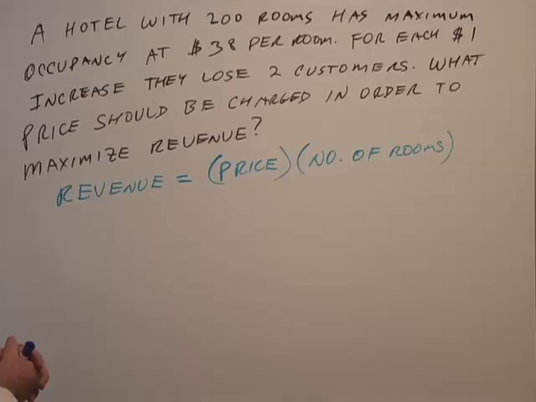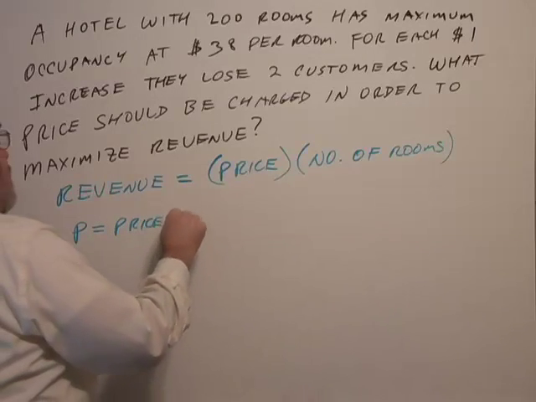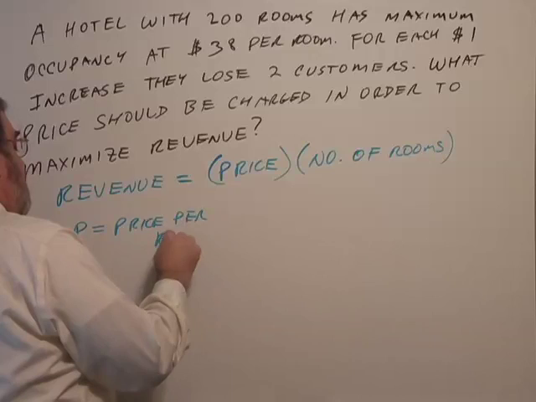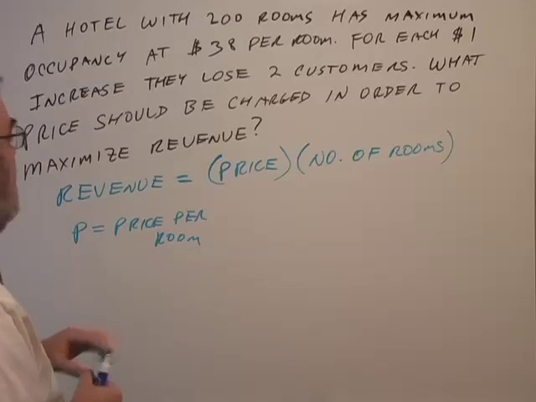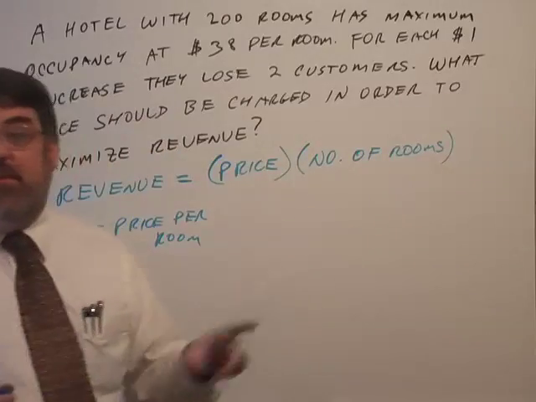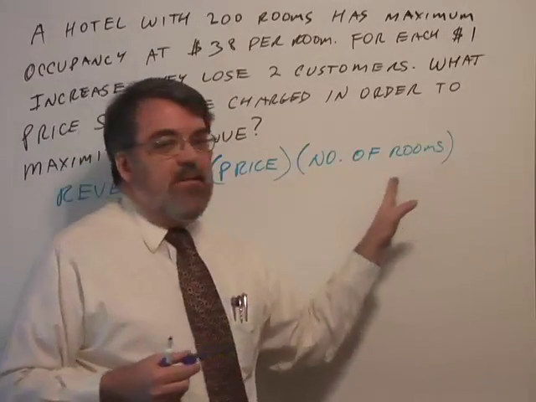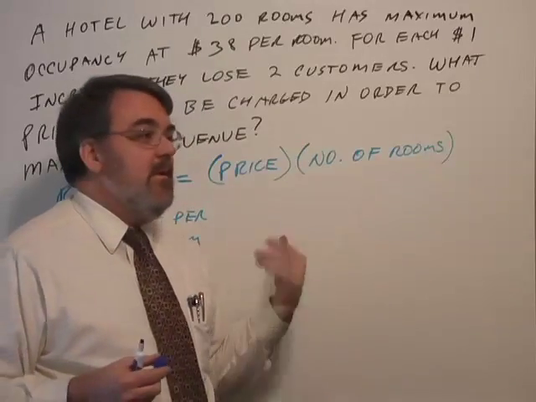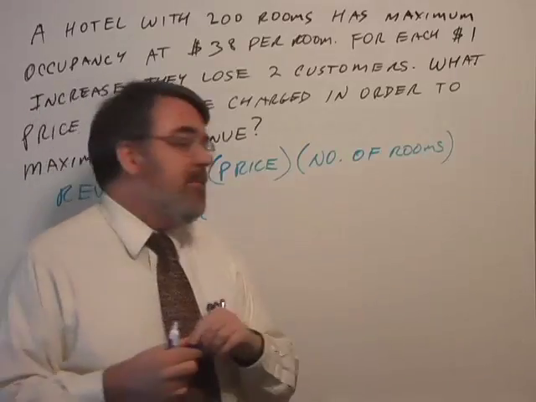So I'm going to work with P for price. Let P equal the price per room. What I want to figure out is how many rooms we rent based upon the price. Economists would call this the demand. The demand is how much you can sell, or in this case rent.